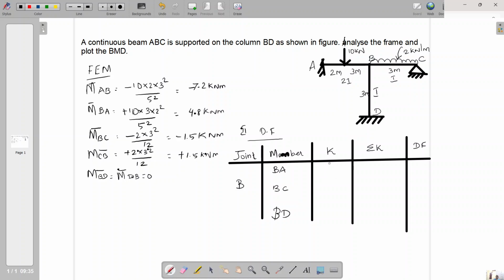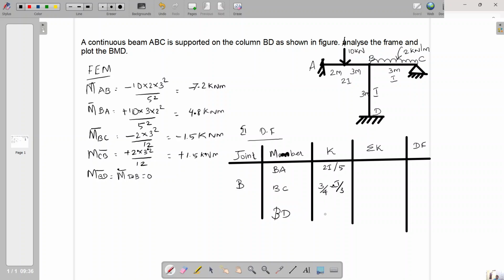BD. So the K value for BA, where the far end is fixed, is I by L. So I is 2I divided by L, which is 5. From B to C, the far end is simply supported, so 3/4 of I by L, so 3/4 into I by 3.